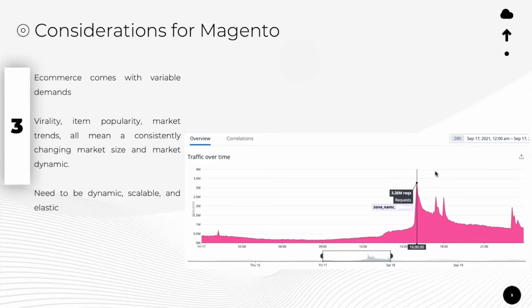That's why the e-commerce platform should always be scalable enough in order to keep the customer performance at a certain level and the customer experience at a certain level without any performance degradation.